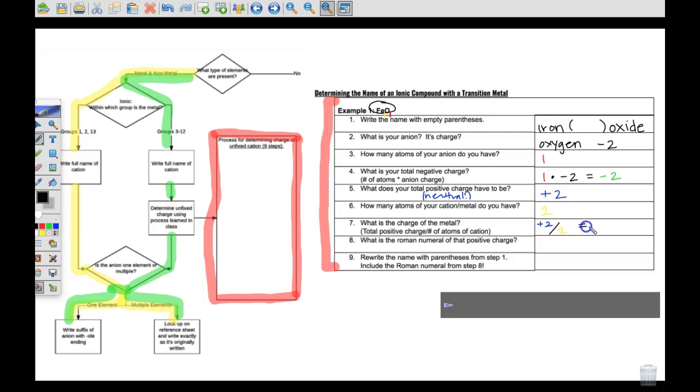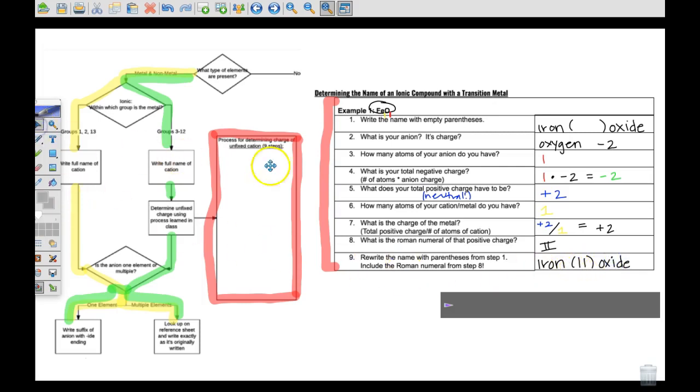So my total positive charge, 2, divided by the fact that I only have 1 atom, means that the charge of this particular atom of iron is +2. So the Roman numeral for 2 is the 2 I's put together. And so the name of this would be iron(II) oxide.